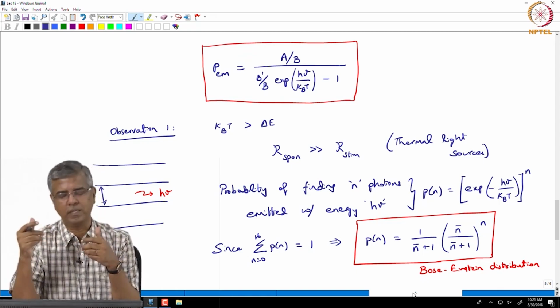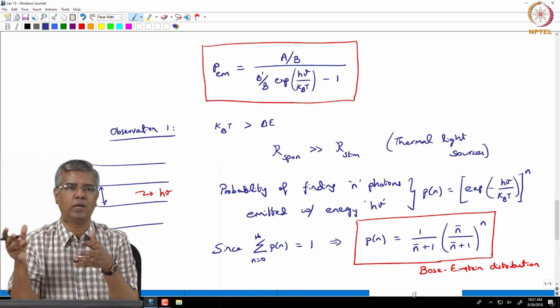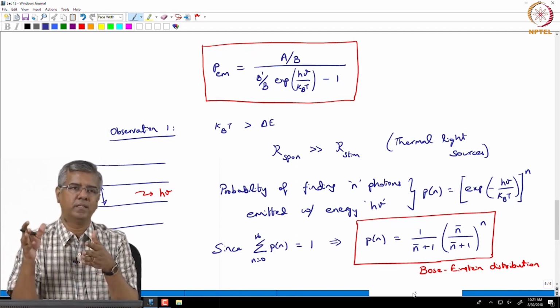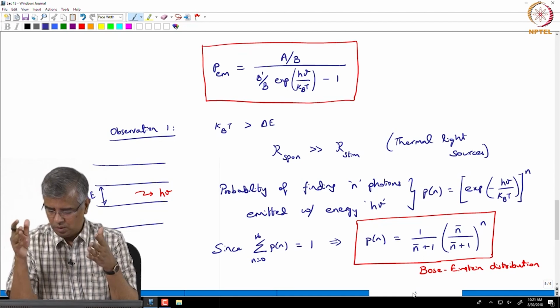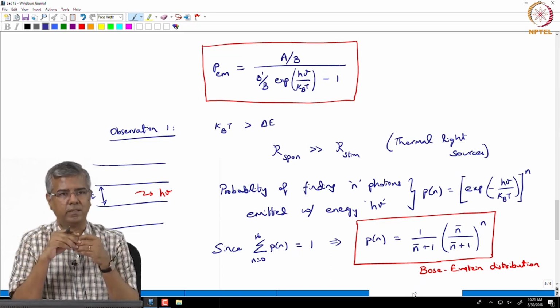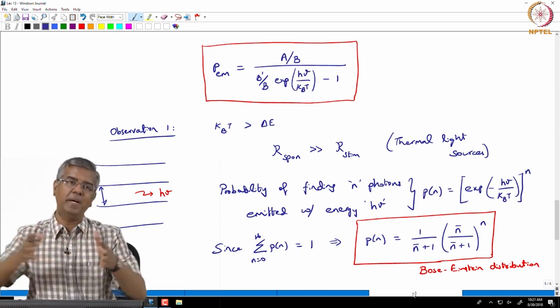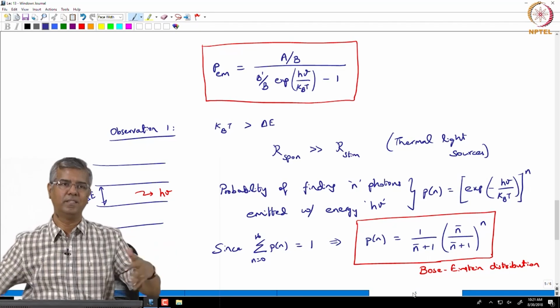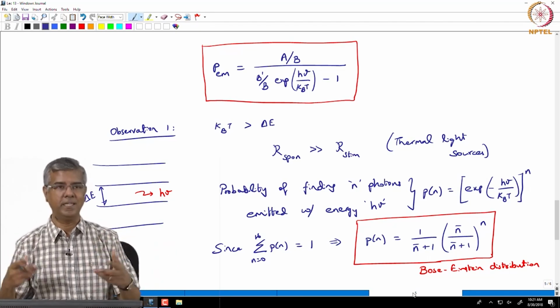So what we are saying is, they will emit a photon, but then we are asking, what is the probability that you will find at any particular instant that n photons are emitted. So they may be emitted at different time scales. So they will be emitted is a certainty.